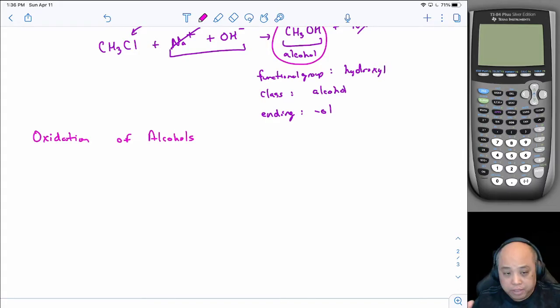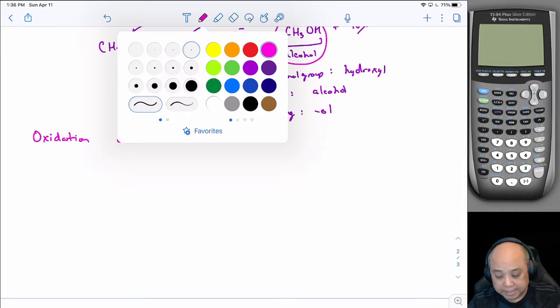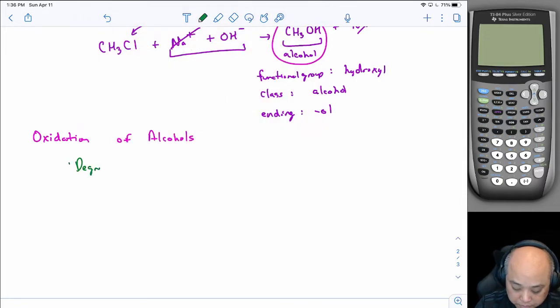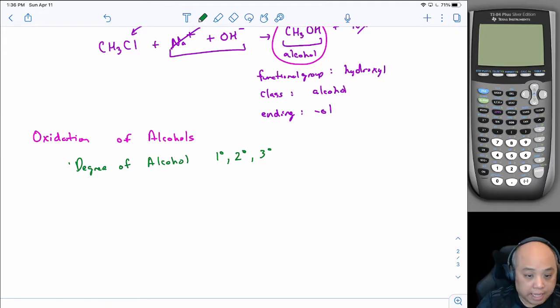And so a few things we need to focus on, ideas that we have to apply in this. We have to apply the degree of alcohol. So identifying what degree of alcohol do I have? Do I have a primary, a secondary, or tertiary alcohol? Because that will affect what products I make. Okay, what is my oxidizing agent?